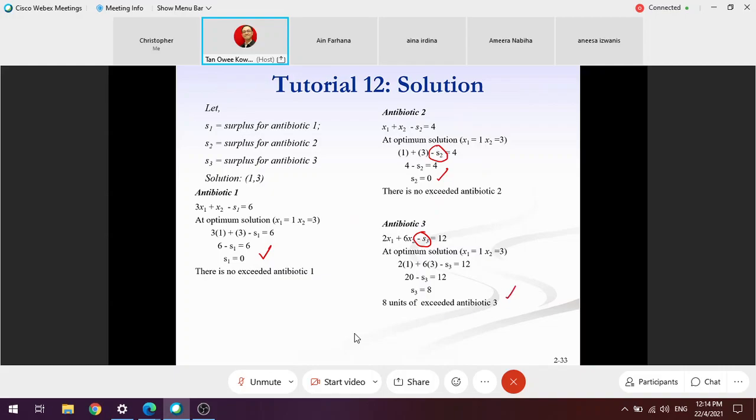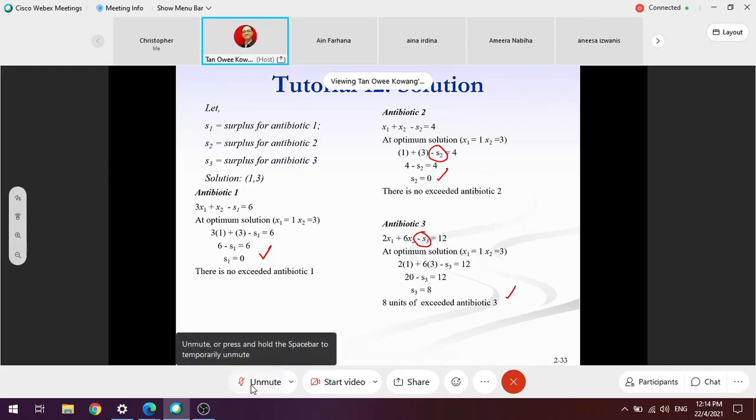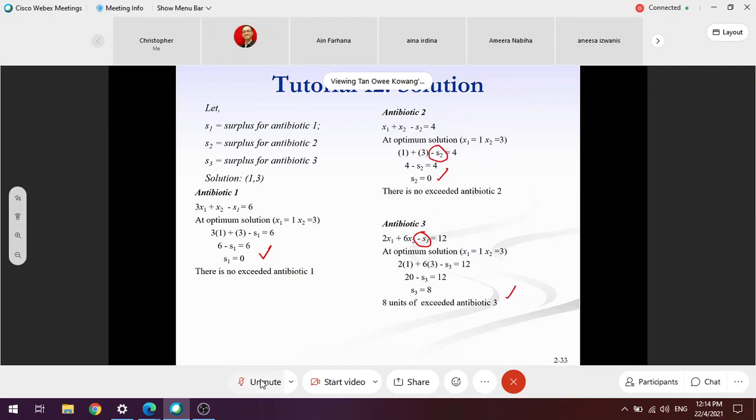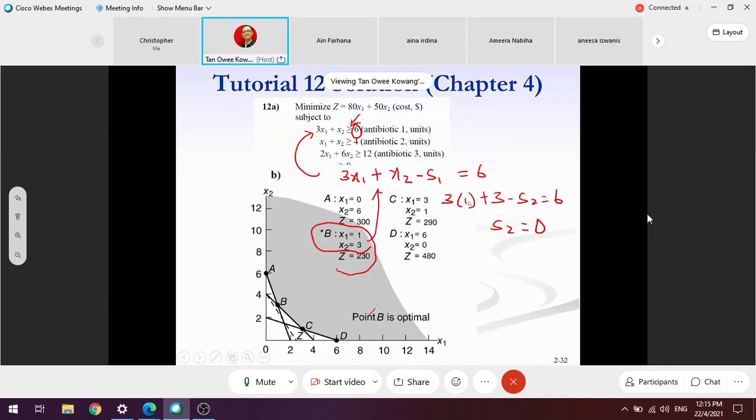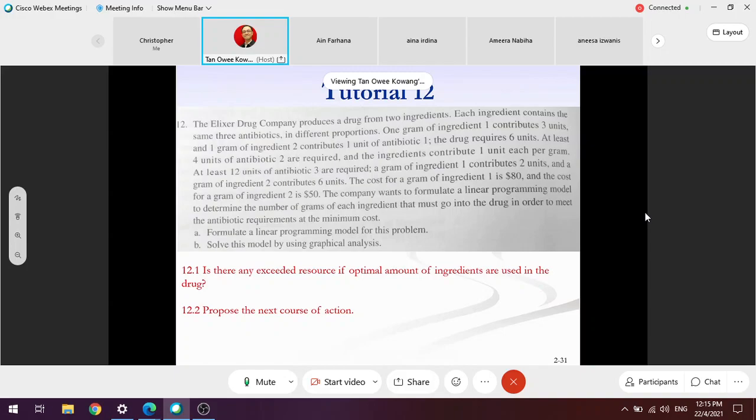What do you propose? What would be your suggestion? Anyone? Chris? No? Reduce the quantity, but the scenario is different. The scenario is you're not buying the antibiotic. I think you're buying the ingredient.